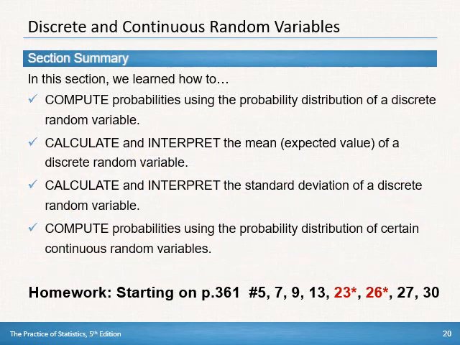Okay, so your homework tonight for next class are these at the bottom, and the 23 and the 26 are 3-step problems. So make sure that you look back at the last example to get a model of what that should look like. So in step 1, you want to define the random variable.